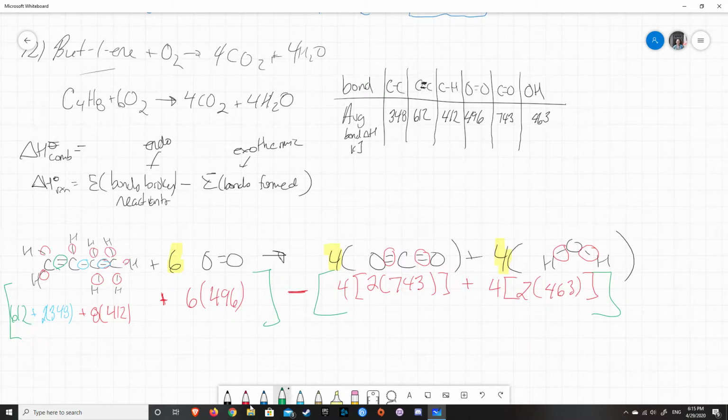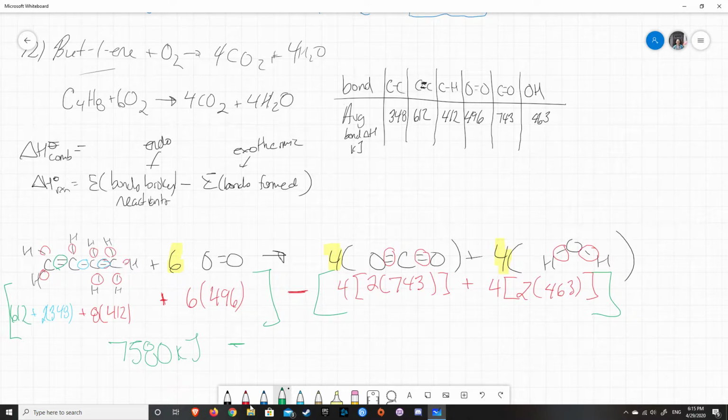On our reactant side, to break all of these bonds, we need to input 7,580 kilojoules of energy. But then we're minusing off the energy of the bonds being formed.